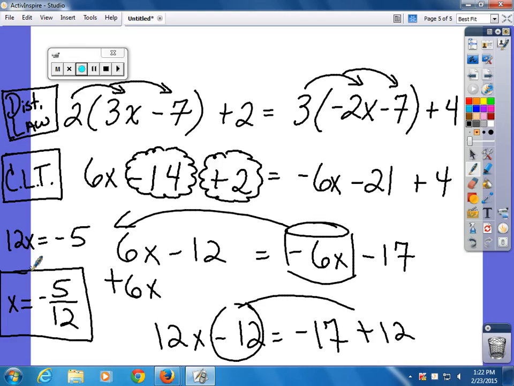What do I not do while I'm showing you how to do these problems? Anybody want to take a stab at it? No. How about I do not skip what? Steps. Okay?